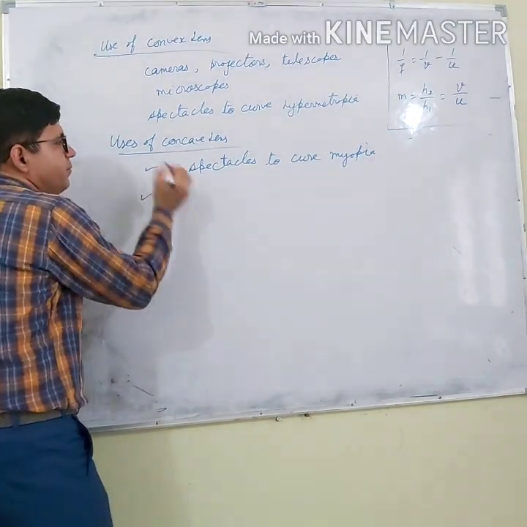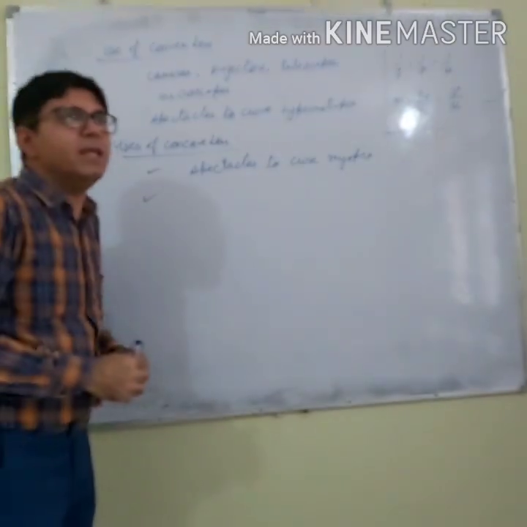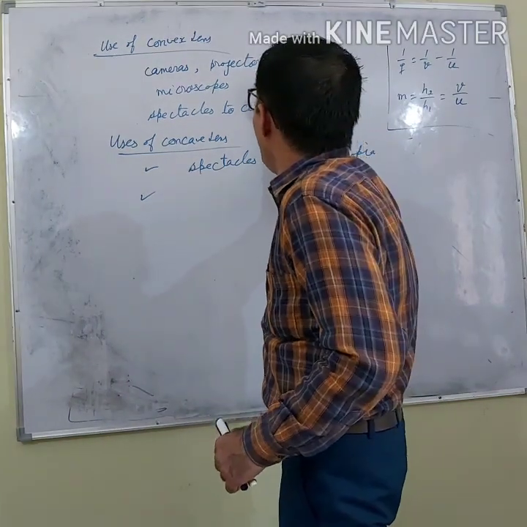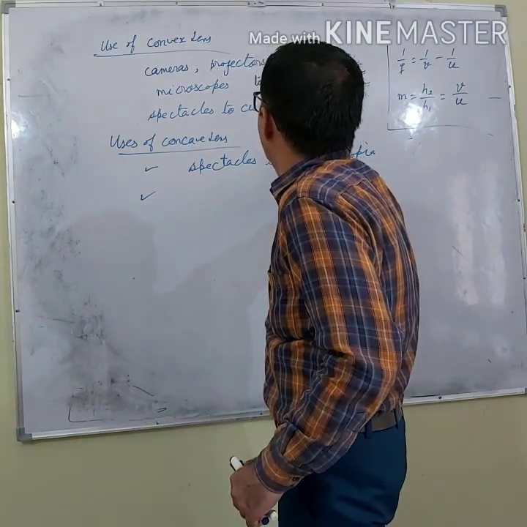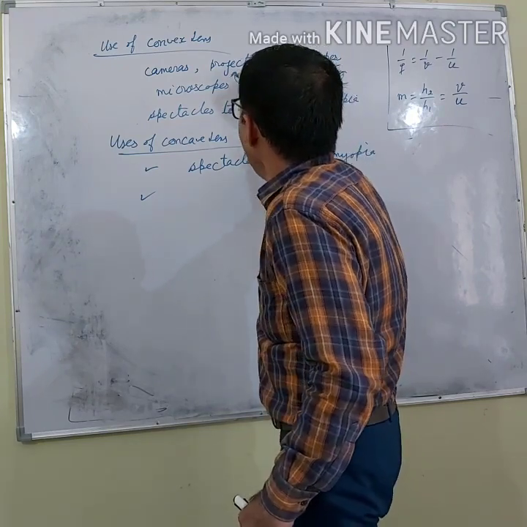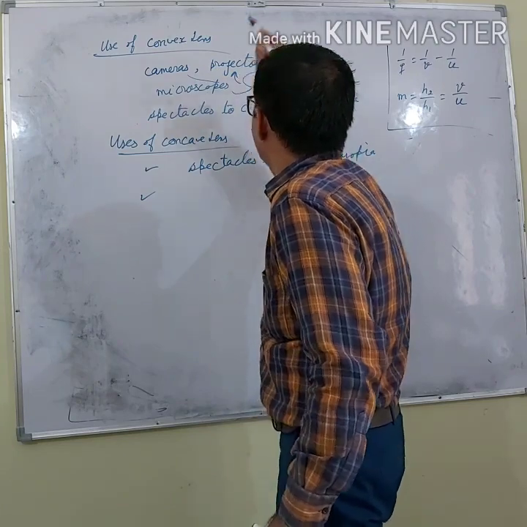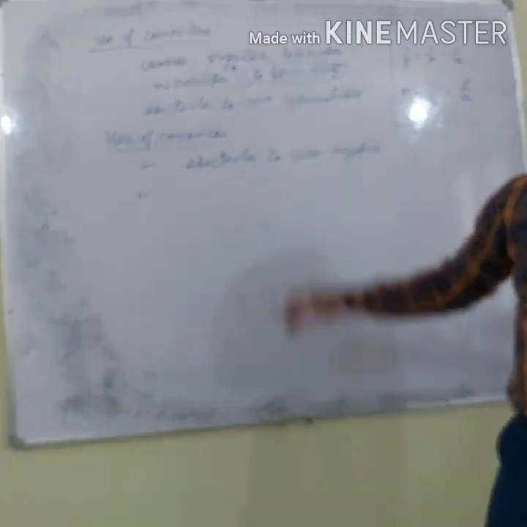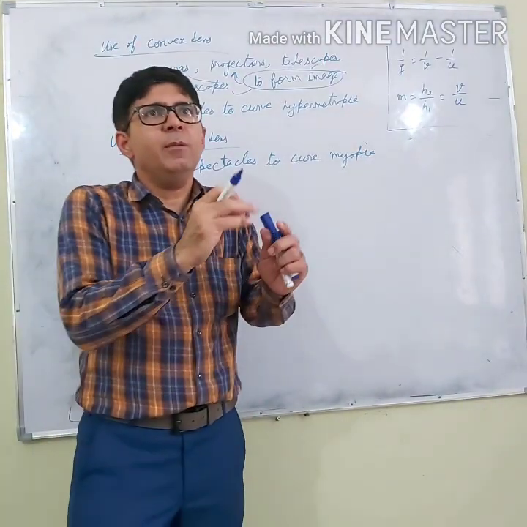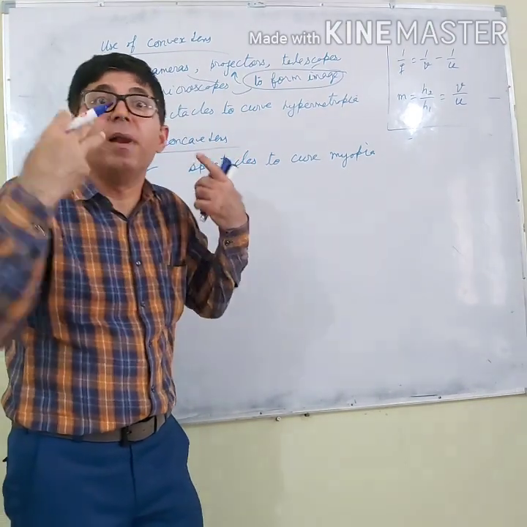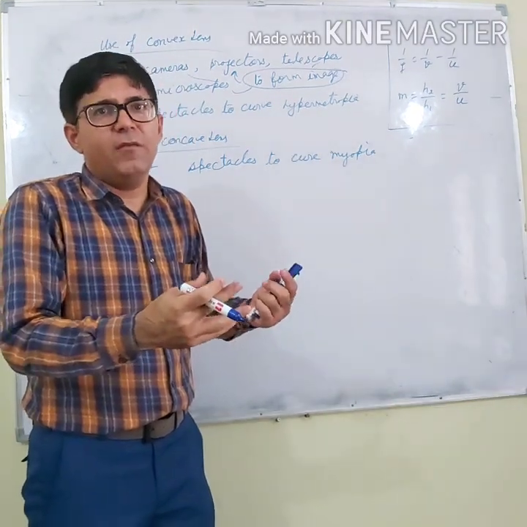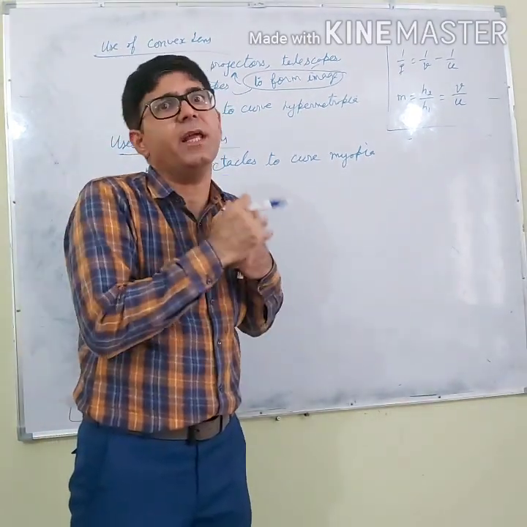And second is, now what is the limitation? Convex lens is used to form image in camera, telescopes, microscopes, projectors, etc. But the problem with the convex lens is that the image formed is blurred. Distorted image we get. We don't get the clear image, we get the distorted image.